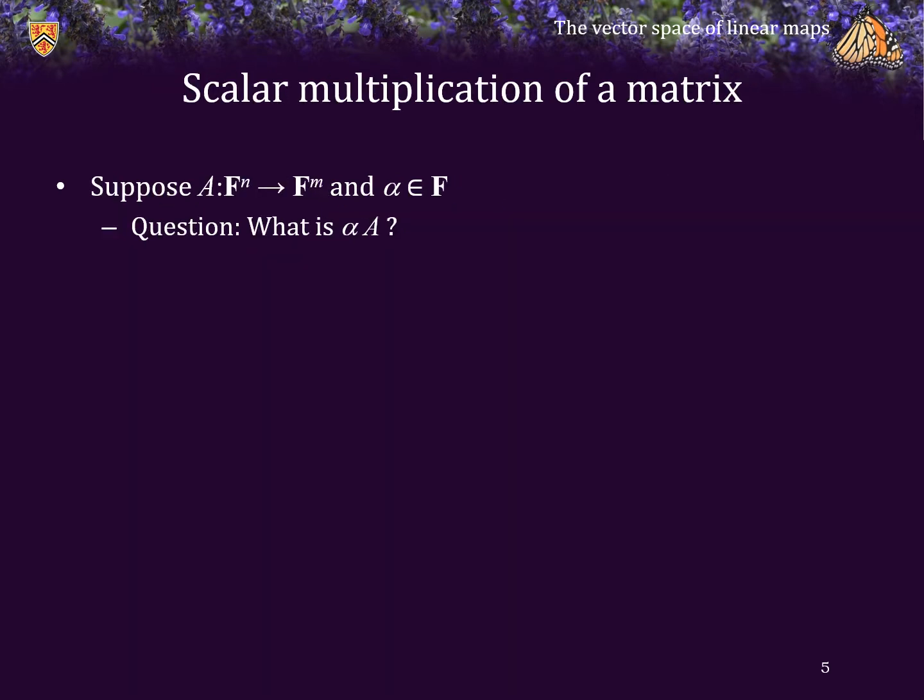Now, if A maps F^n to F^m and alpha is in the field F, what is alpha times A?